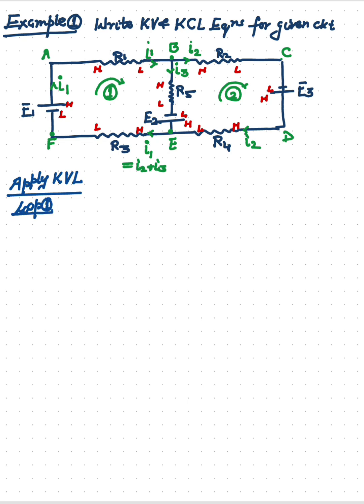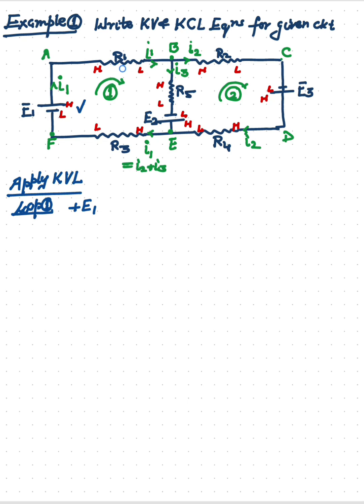Here we can start from any point in this loop. Suppose I am starting with E1. So our path is like this. Clear? Across E1 we are going low to high, so it will be plus E1.